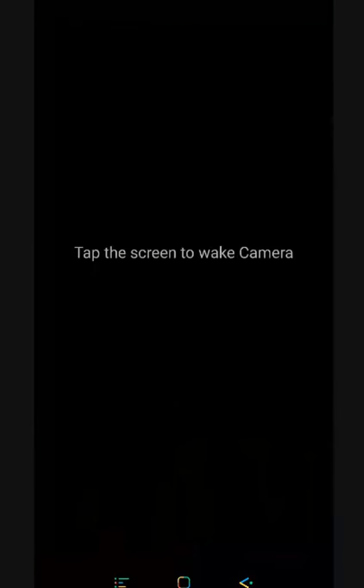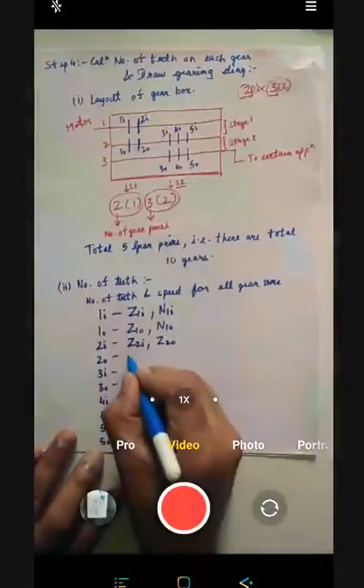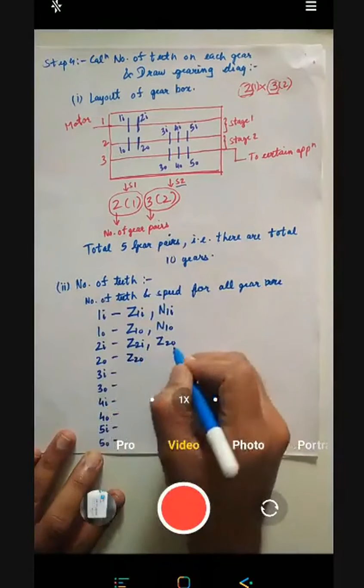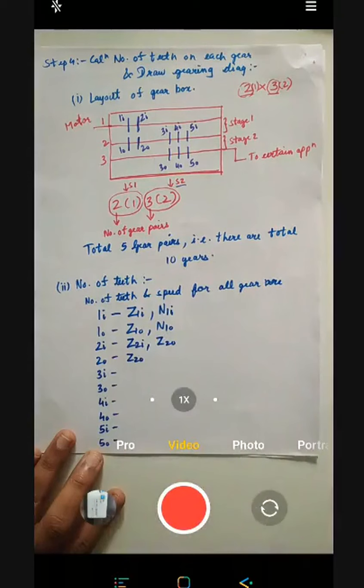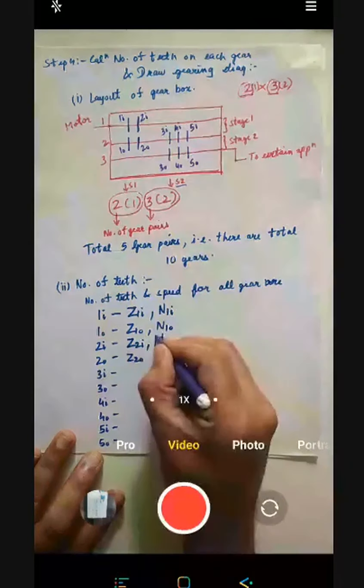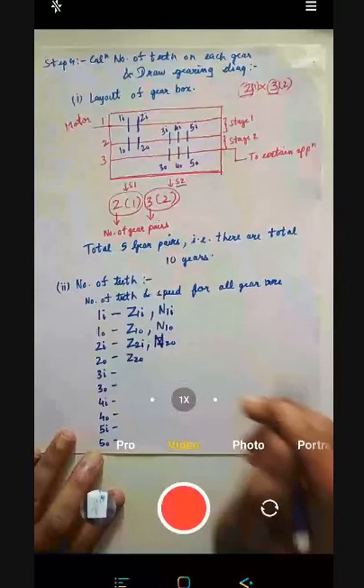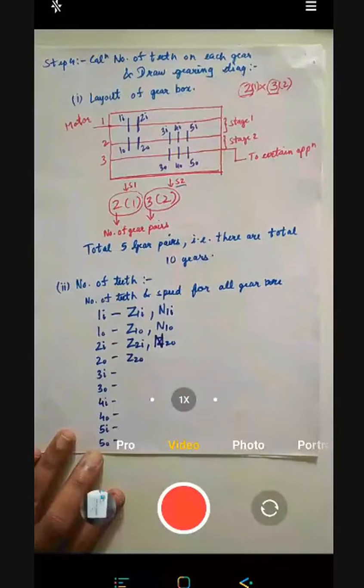Z2I, Z2O, sorry, this will be N. This is N. Right. Same way we will complete.